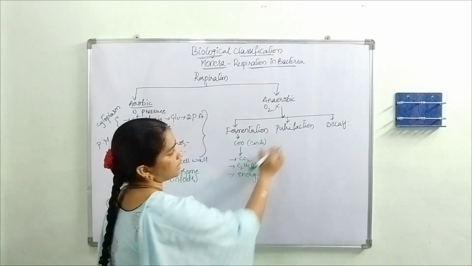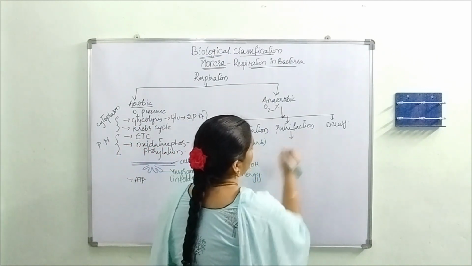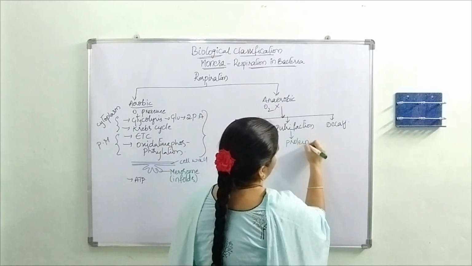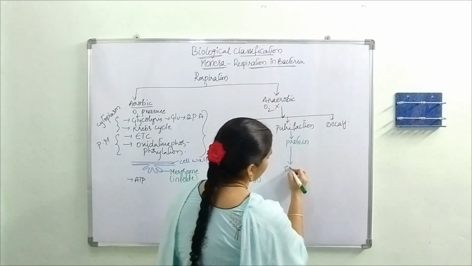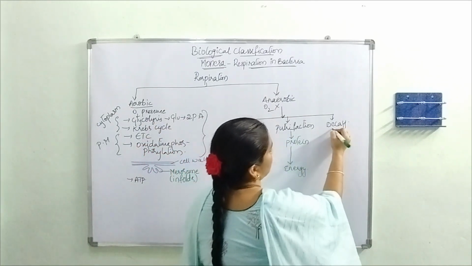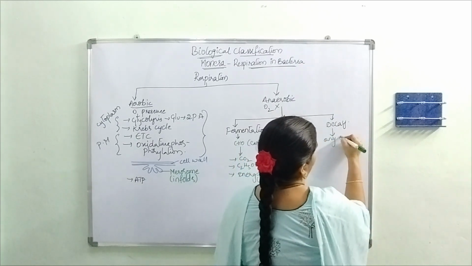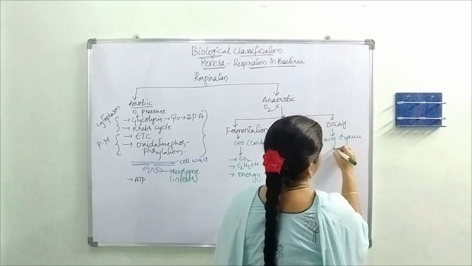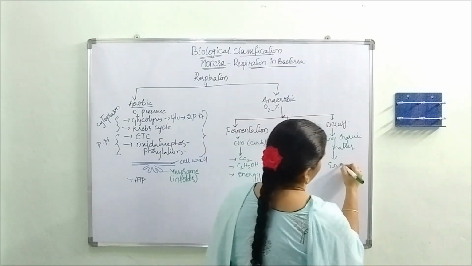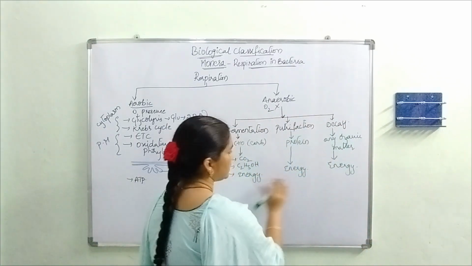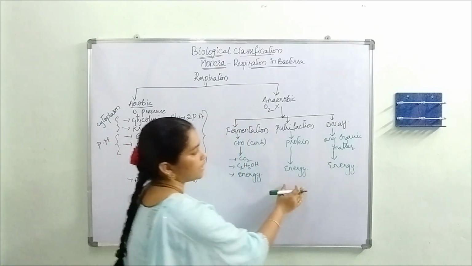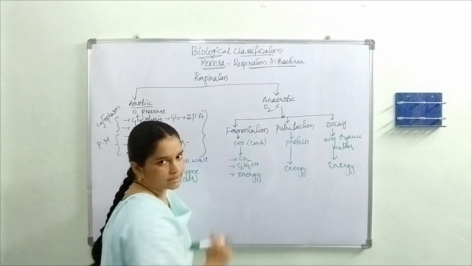Next, coming to putrefaction, it is the breakdown of protein molecules which yields a lot of energy. And in decay, any organic matter can be broken down into energy. These are the yields or byproducts which are the results of these processes.